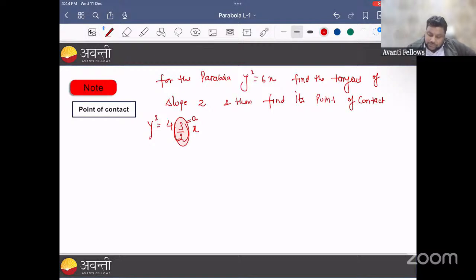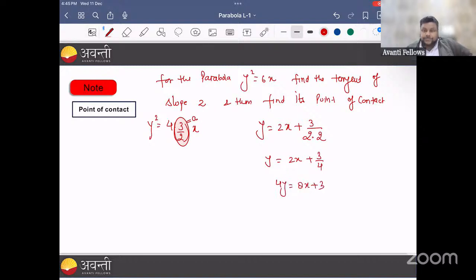Now the slope 2 tangent will be y equals mx plus a by m, with a as 3 by 2 and m as 2. So it is y equals 2x plus 3 by 4, so it is 4y equals 8x plus 3.